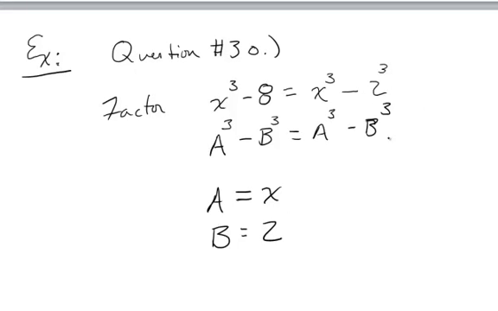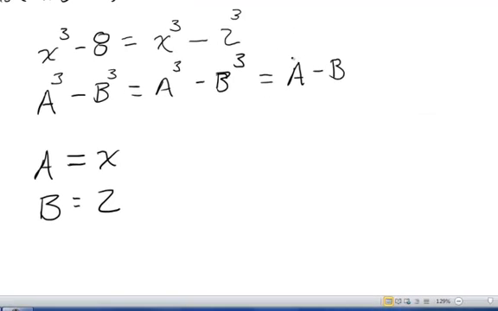Okay? And because of this, and we know that we've memorized the formula, this factors to be a minus b times a squared plus ab plus b squared.